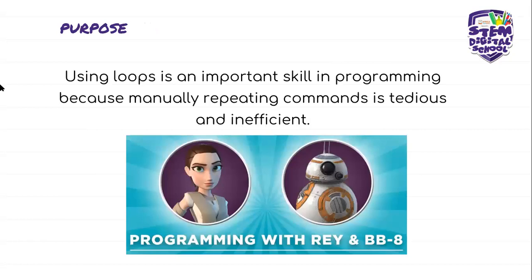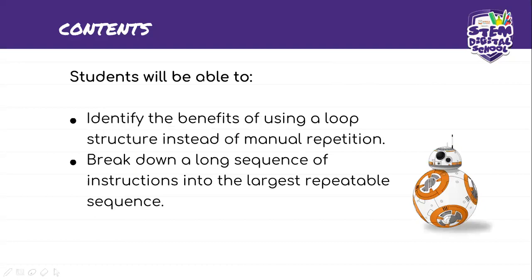There we go. Using loops is an important skill in programming because manually repeating commands is tedious and inefficient. Okay, and if we look at our objective here, this is the important sentence I want us to look at. To break down a long sequence of instructions into the largest repeatable sequence.